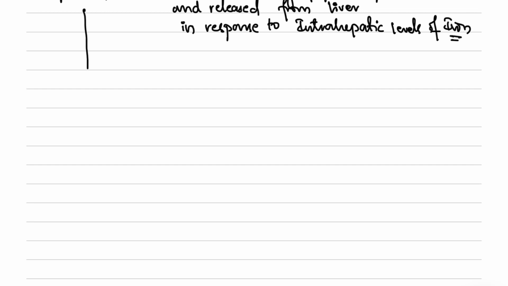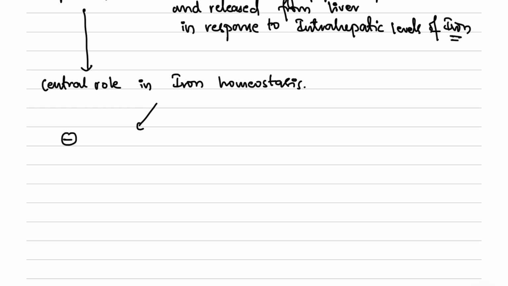What is the central role of hepcidin? Hepcidin plays the central role in iron homeostasis. How? It inhibits ferroportin.